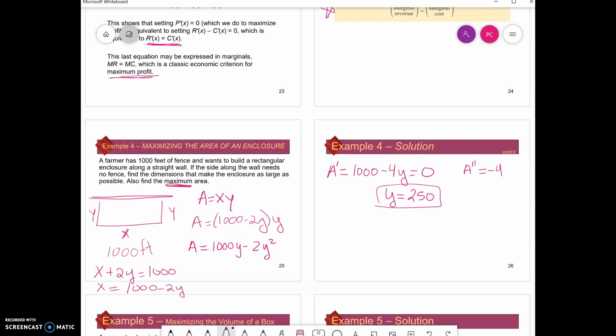So if y equals 250, that means x needs to be 1,000 minus 2 times 250, which gives us 500.